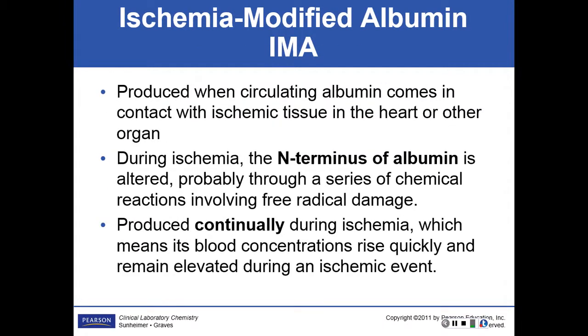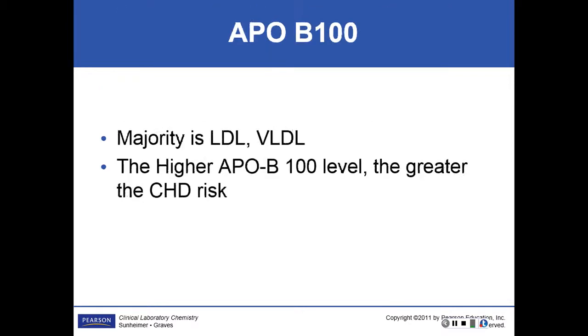Ischemia modified albumin is produced when the albumin comes in contact with this tissue. The N-terminal of this albumin is changed through, say, chemical reactions. It is produced continually, so it is something that is helpful to monitor.